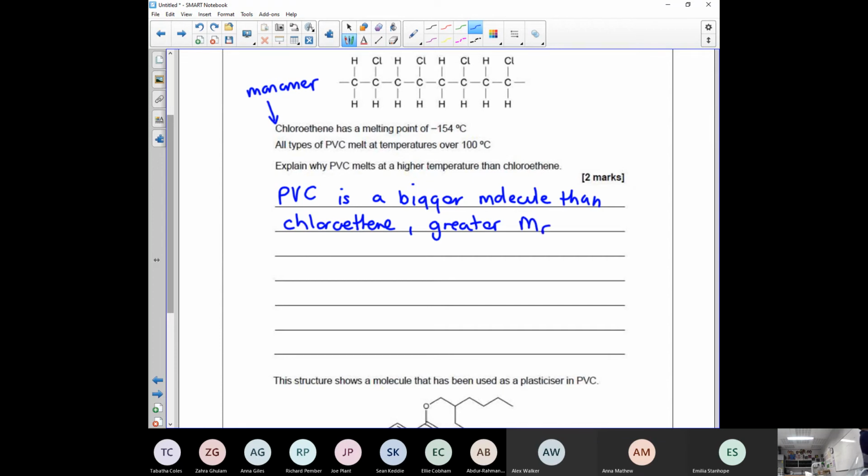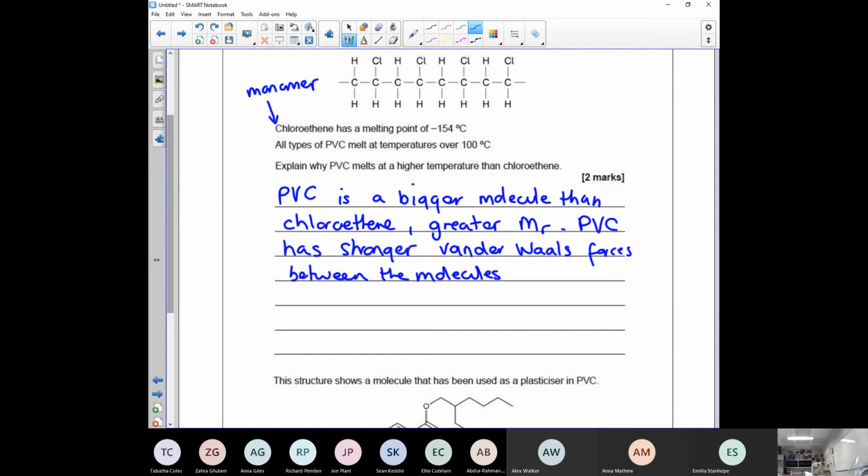So what does that mean? It means that your van der Waals forces will be stronger in PVC than they would be in chloroethene. Because PVC is the bigger molecule with the greater Mr, PVC has stronger van der Waals forces between the molecules.